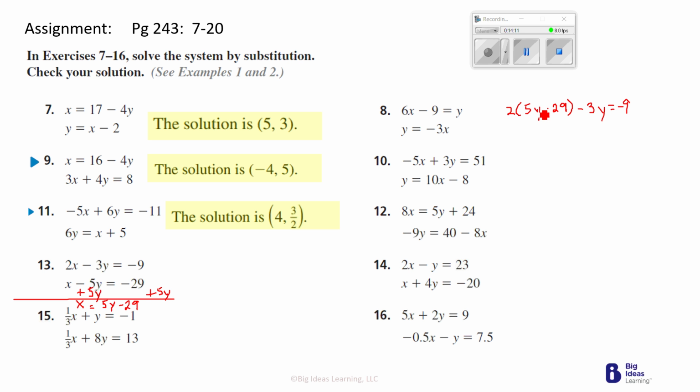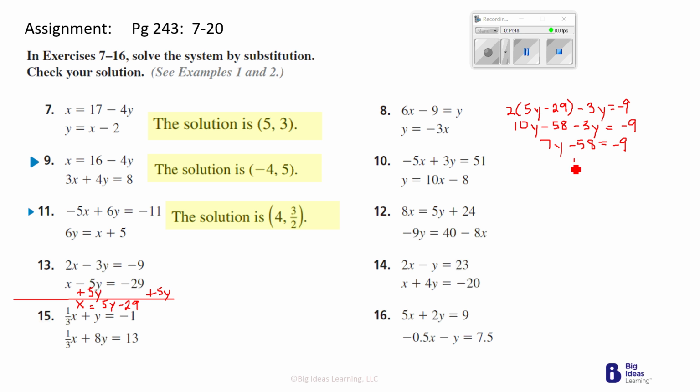Now when I do this, 2 times 5y will be 10y. 2 times negative 29 will give us a negative 58. And then we'll minus 3y, and that has to equal negative 9. All right, now we're going to combine 10y minus 3y. That's going to give us 7y minus 58 is equal to negative 9.